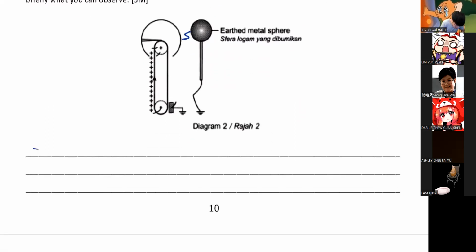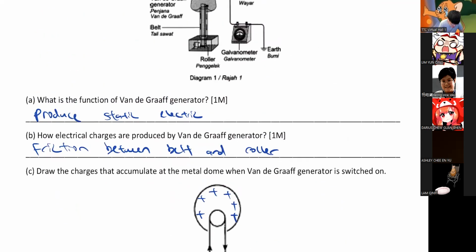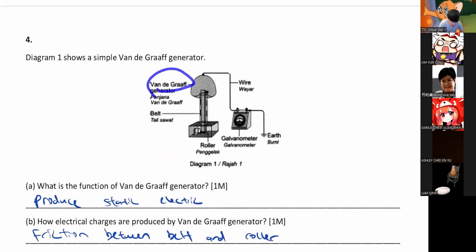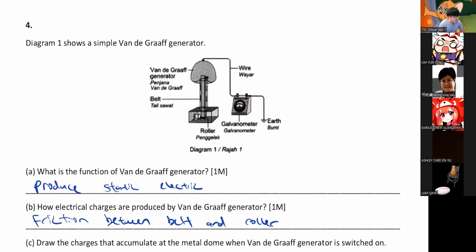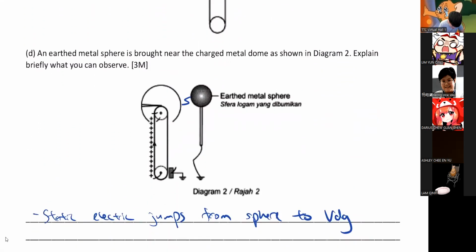Okay, you can say static electric jumps from sphere to your Van der Graaf generator. Okay, I'm just writing VDG, Van der Graaf. It's a person's name. Van der Graaf is a person's name. That's why I put it Van der Graaf. 它是一个人的名字。Okay, so there's a friction there.